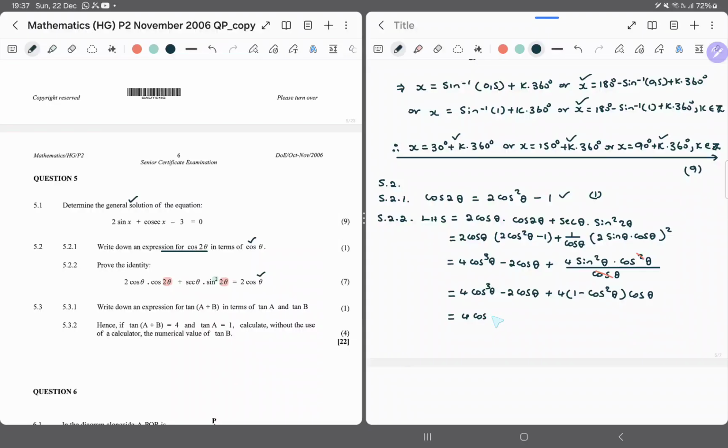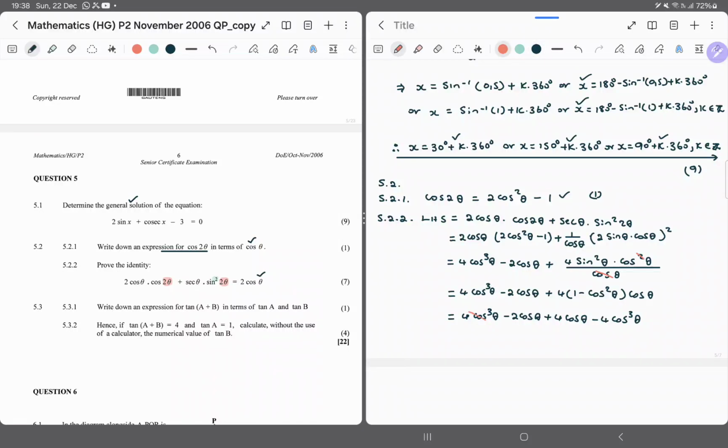So we've got 4 cos cubed theta minus 2 cos theta, plus when we multiply by cos theta here, 1 cos theta times 4 becomes 4 cos theta. Then we multiply in there, it's going to be minus 4 cos cubed theta.